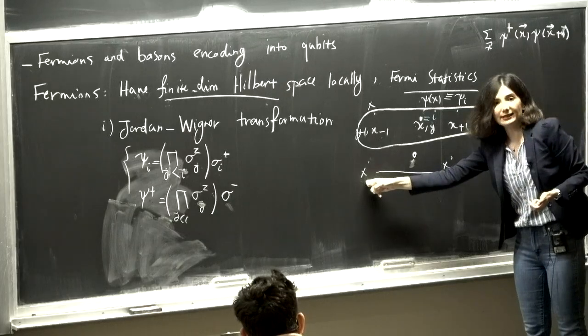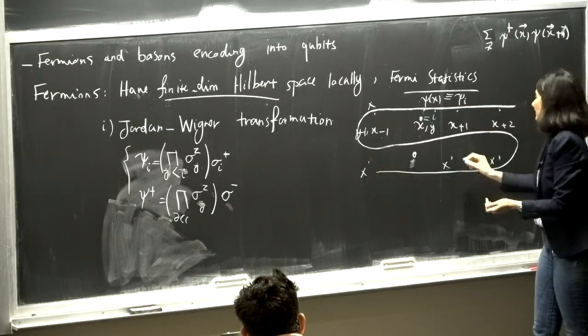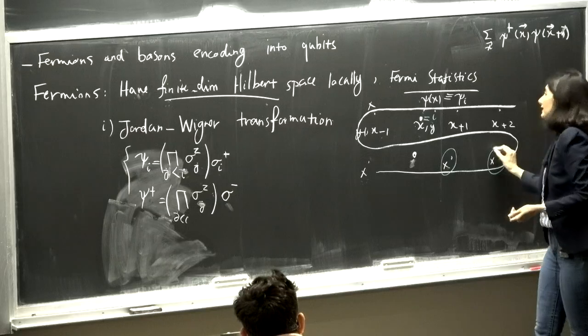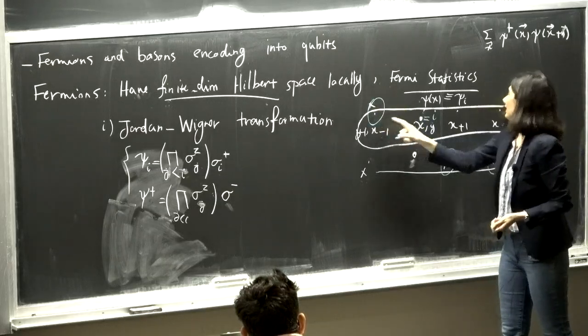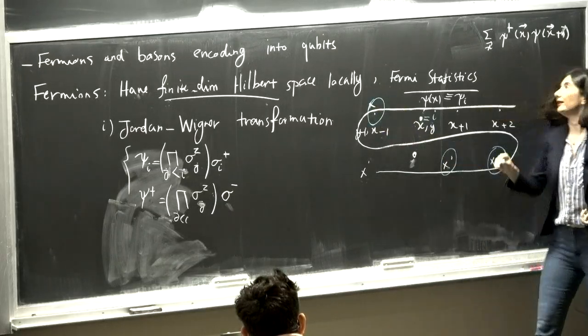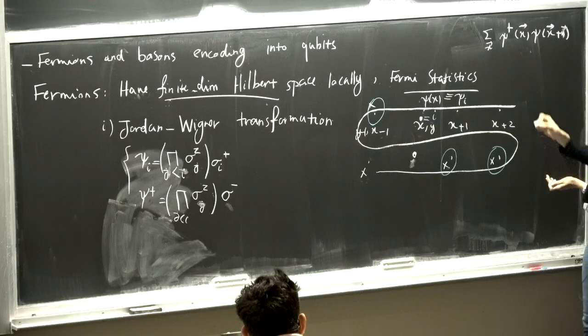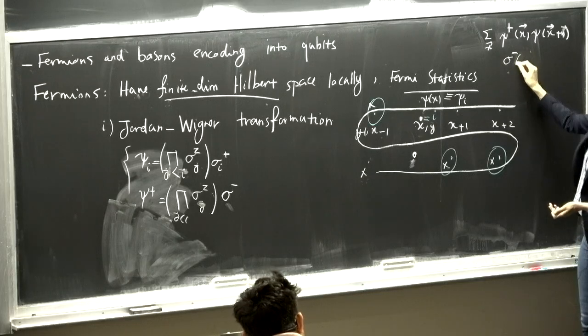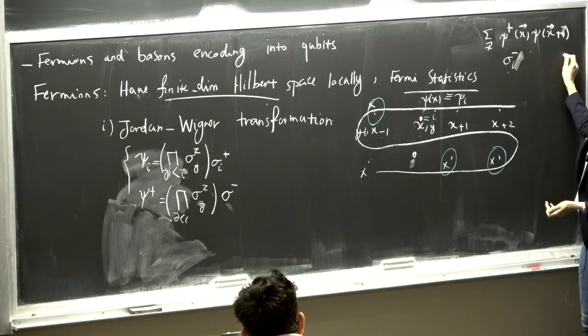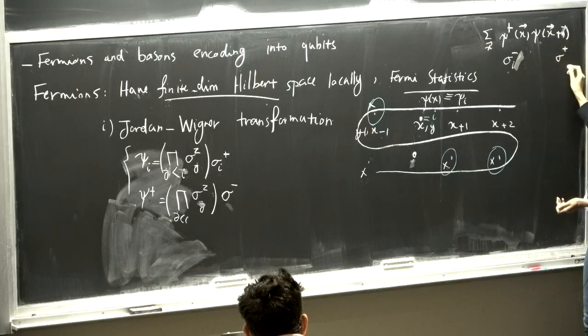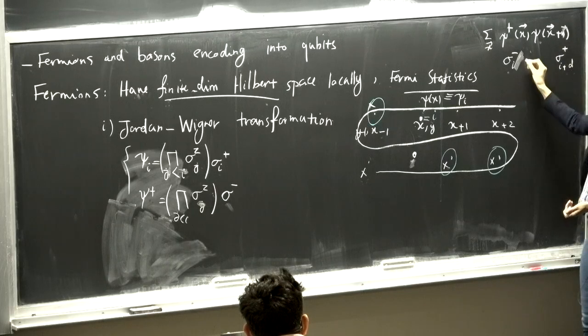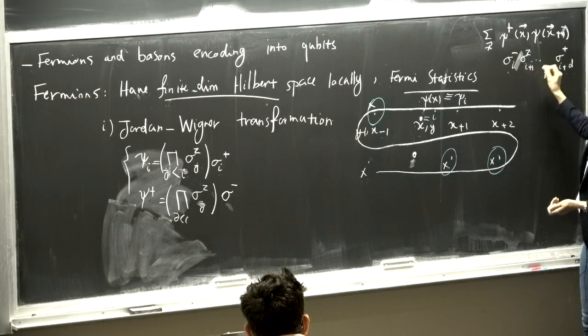These ones would cancel, but what you're left is that you get sigma z operations on these guys between them. So this operation would turn into sigma minus at I, and then sigma plus at some I plus d, and then you have sigma z at I plus 1, all the way to sigma z I plus d minus 1.